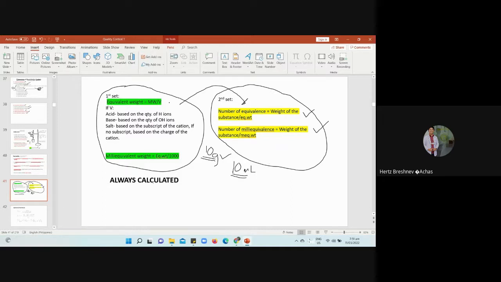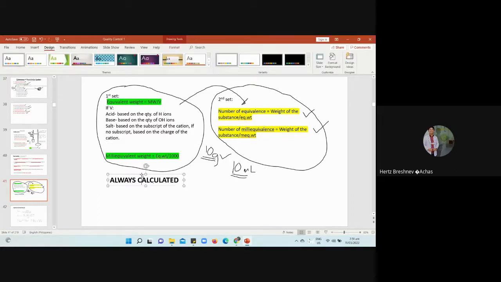So the second set of formula is not always calculated, but it depends.